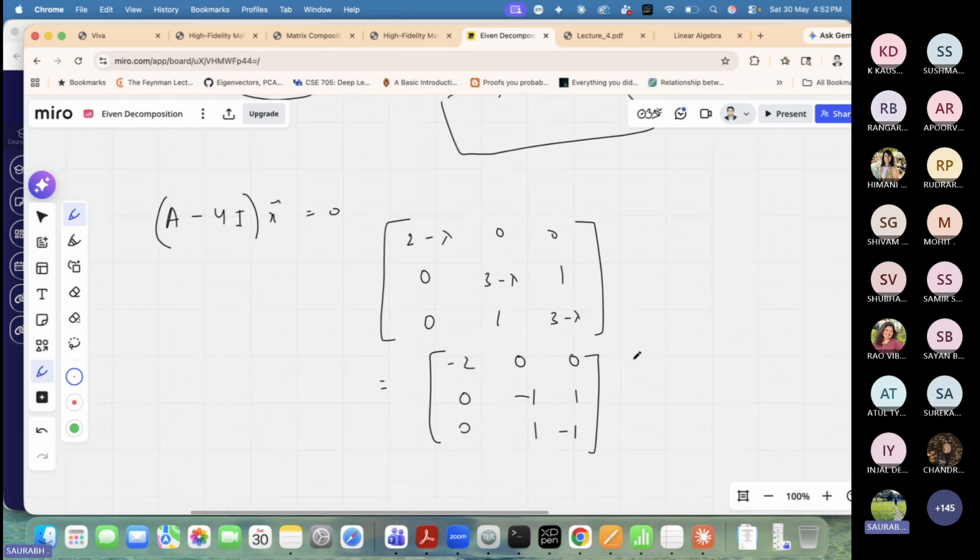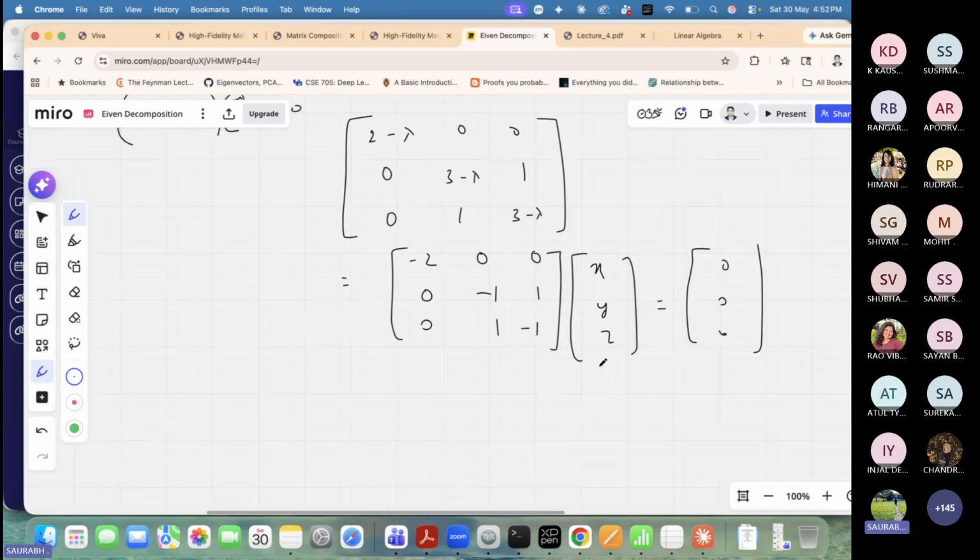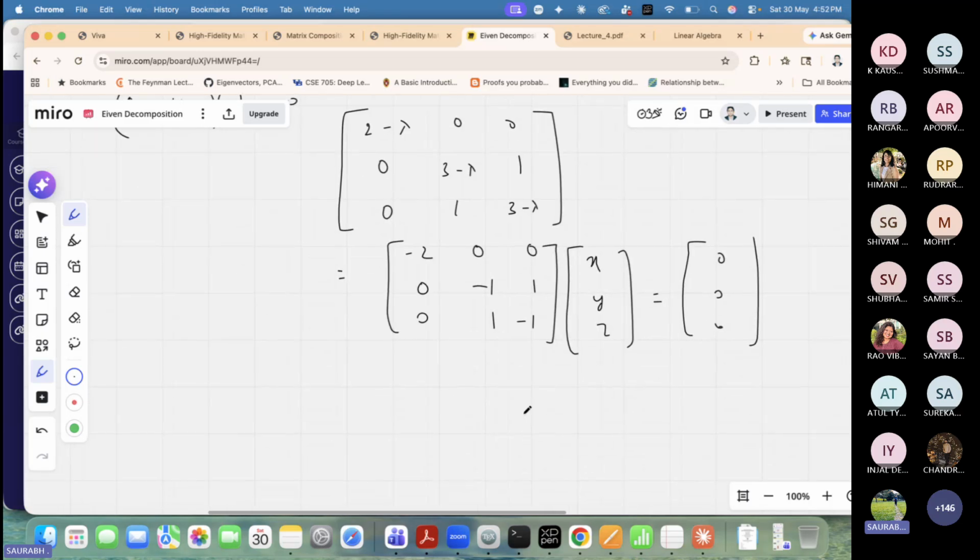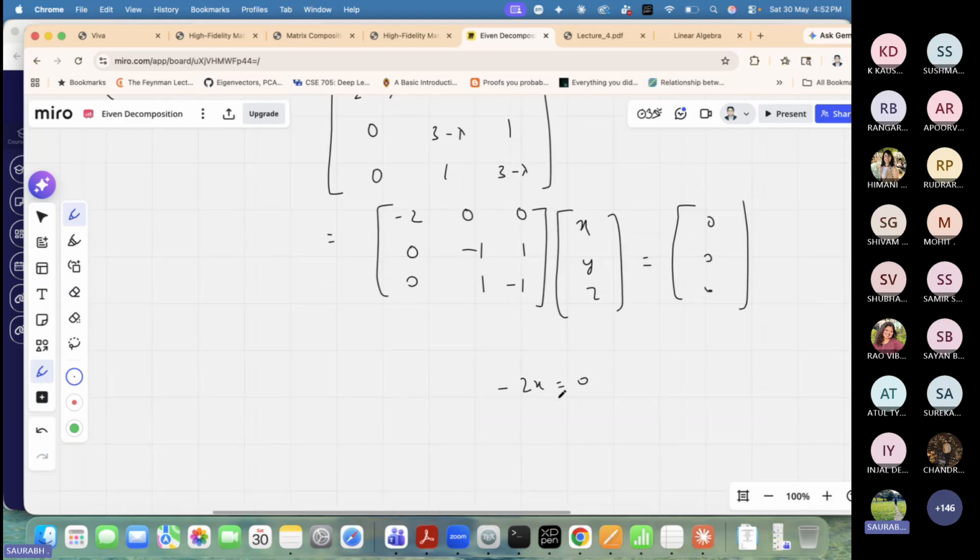Because the x vector is three-dimensional, we'll say (x, y, z) equals (0, 0, 0).